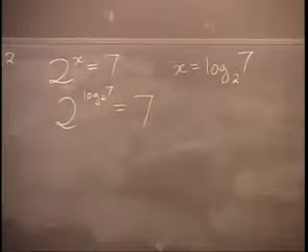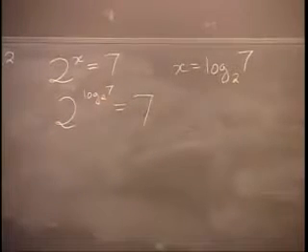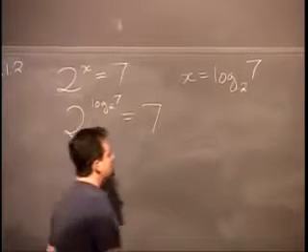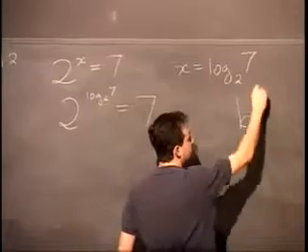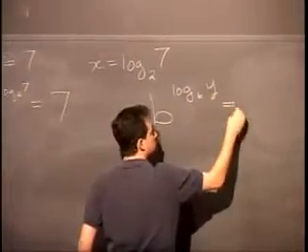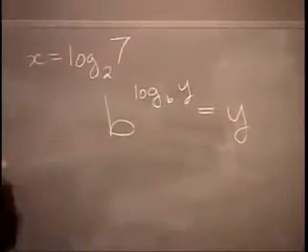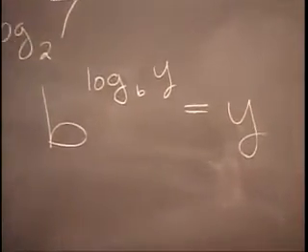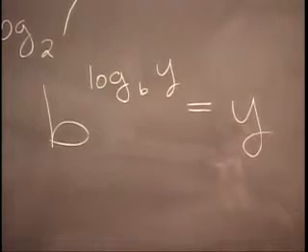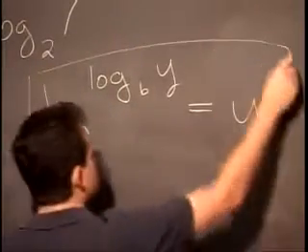That's a weird-looking equation, but that is the definition of log 7 base 2. In general, if b is any base, positive number, it's true that b to the log y is y, provided that the log is to the same base b. So that's a useful equation to know.